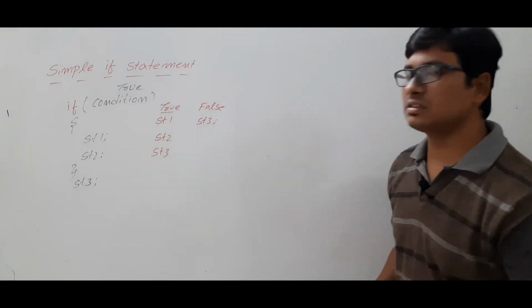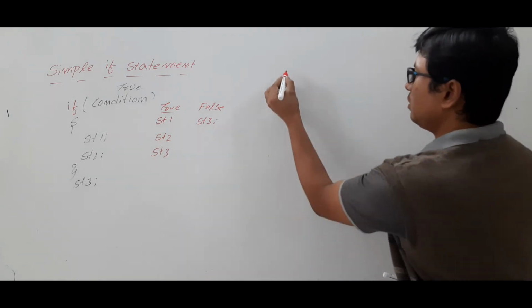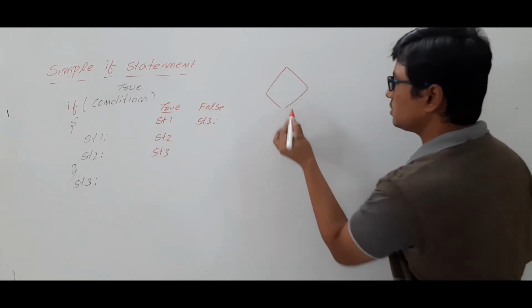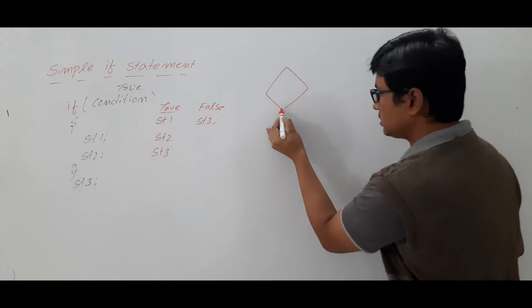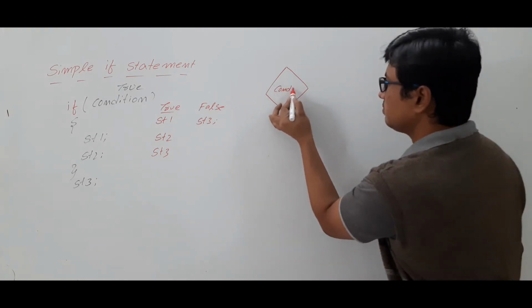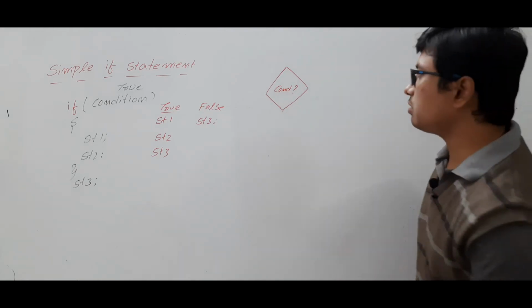Now let me discuss the flowchart for it. Whenever you have a condition, we will represent it using the diamond symbol. Am I right or wrong? You have a particular condition. The condition can be true or false.